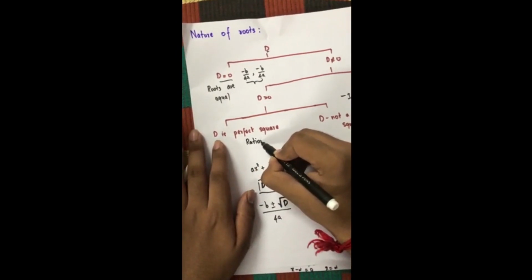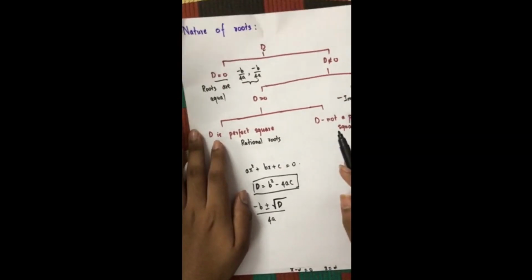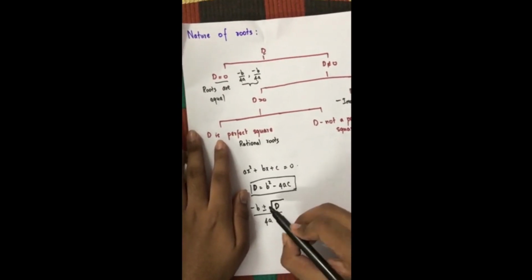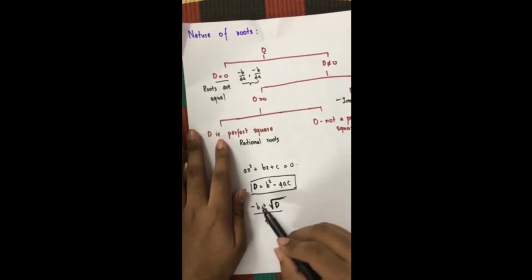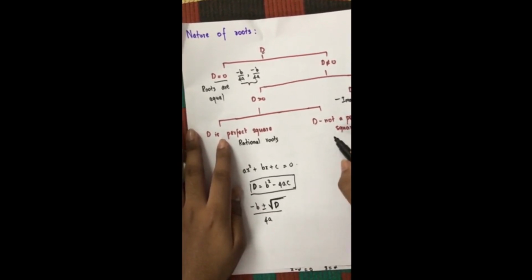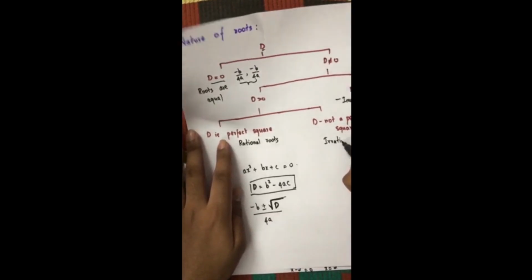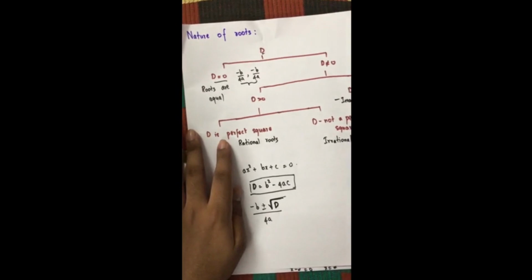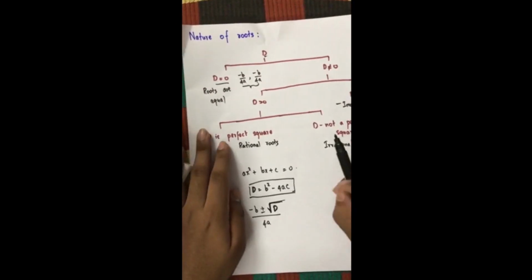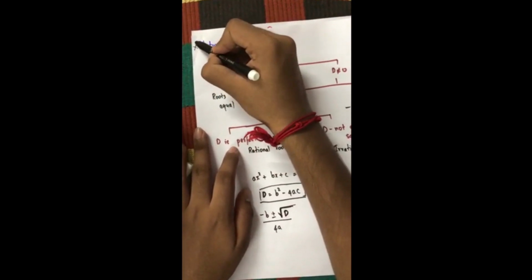So we get rational roots. Now what happens if D is not a perfect square? Then the root will not be cancelled and we still get a term with a root in it. So this is going to be an irrational root. Irrational roots. This is a very important topic, and pretty useful.